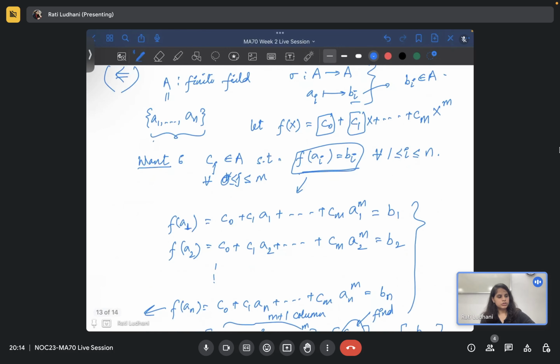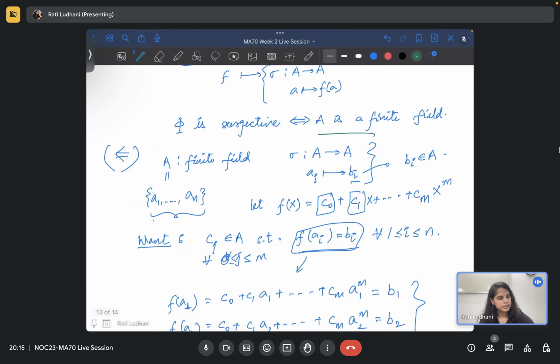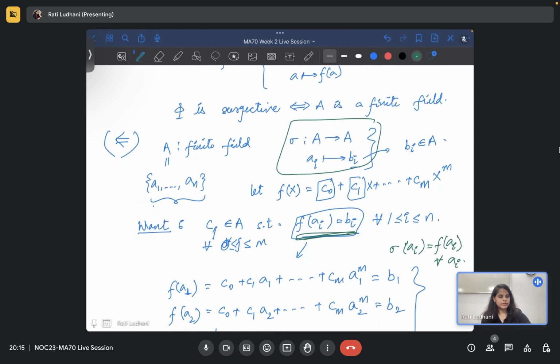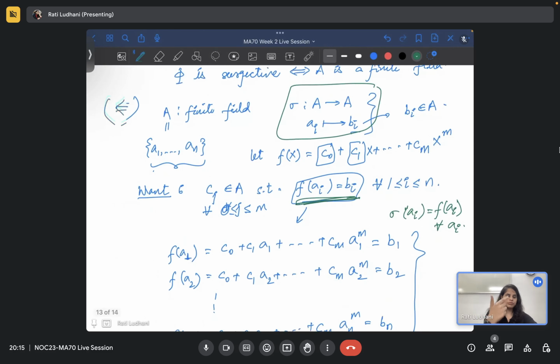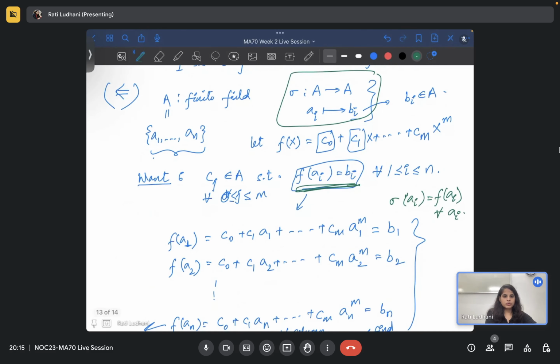So you considered an arbitrary function sigma from A to A and proved that sigma of ai is the same as f of ai for all ai, because I assumed f of ai is equal to bi and produced the coefficients, so we have the polynomial f.